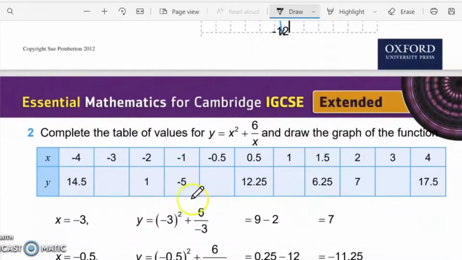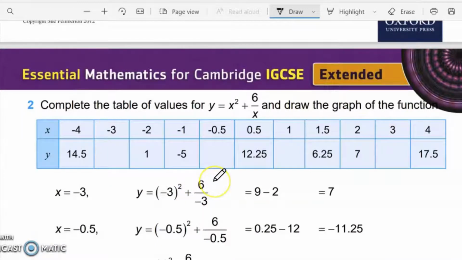Okay, now the next question. Complete the table of values of y equal to x squared plus 6 over x and draw the graph of the function. As you can see, this one is partly quadratic and partly reciprocal. As long as we have reciprocal functions, this is a reciprocal graph.